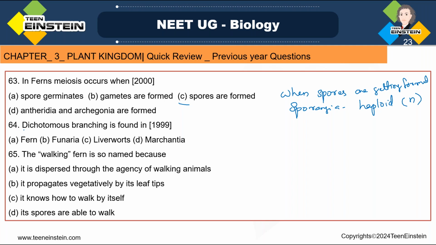then the next question is: dichotomous branching is found in option A fern, option B Funaria, option C liverwort, and option D Marchantia. In which one can you see dichotomous branching?